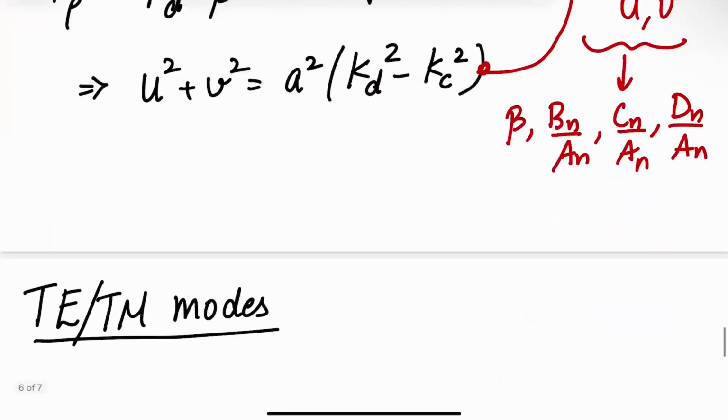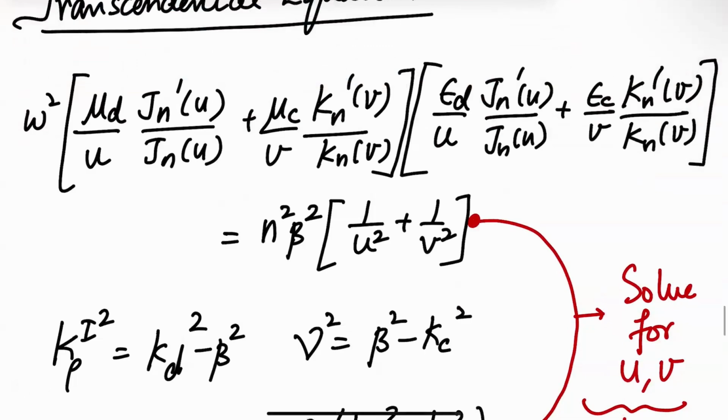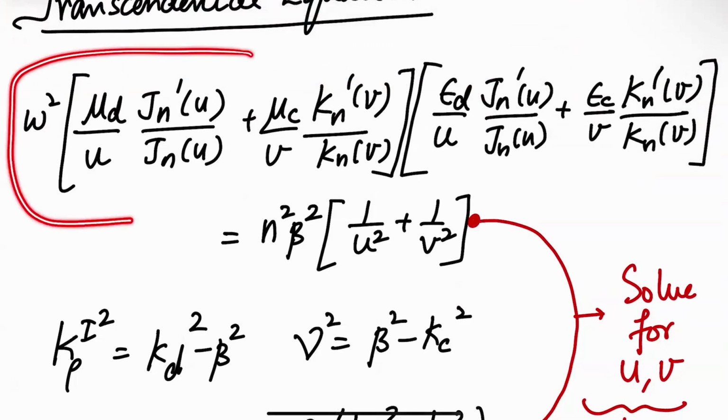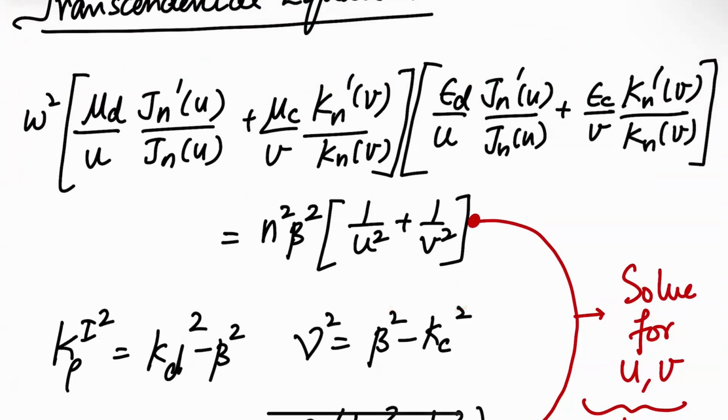So the simplest solution is the TE/TM solution. Okay, so this is the simplest kind of case, TE/TM modes. So we go back here and we say, if I take this equation, let me actually make a copy of this.